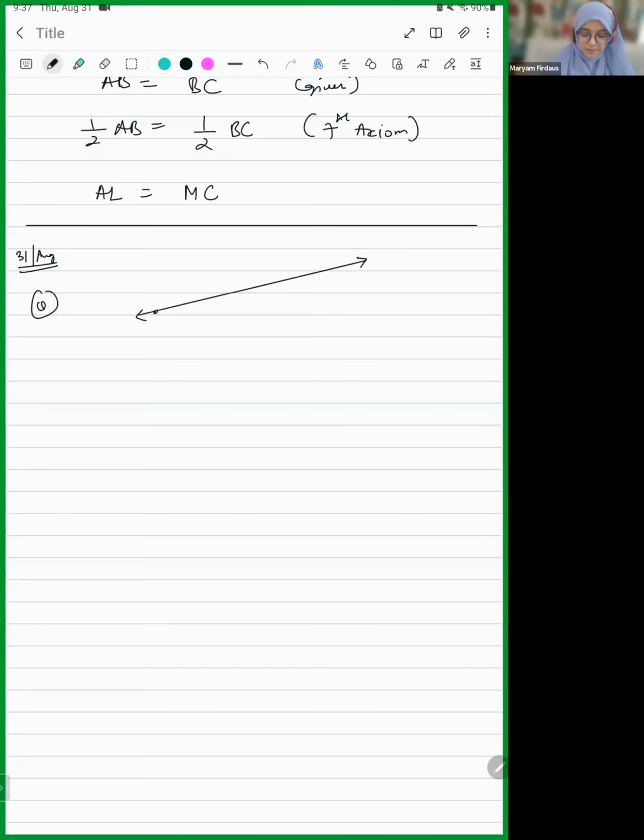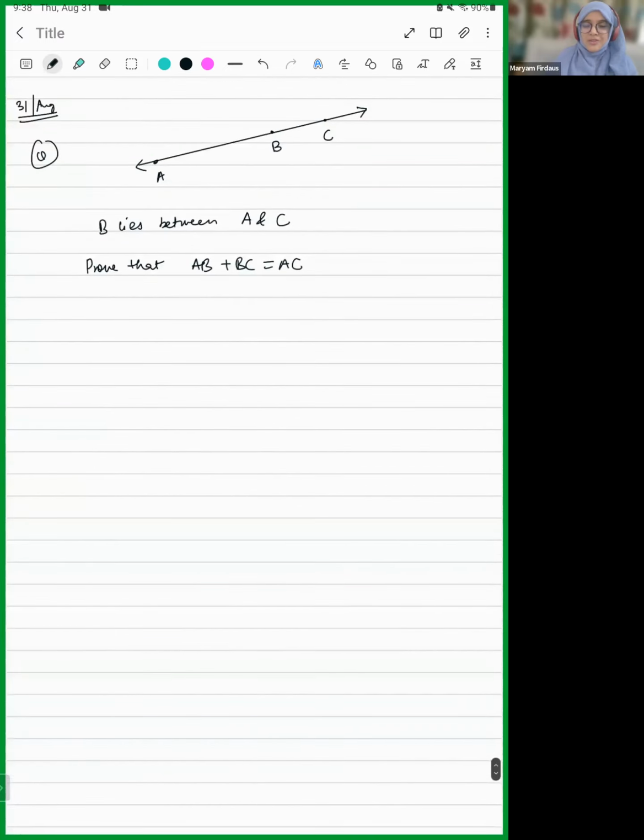This is point A. This is point B. This is point C. The question says that A, B, and C are 3 points on a line, and B lies between A and C. Then prove that AB plus BC gives you AC. This is something we have been using a lot in our triangles chapter, right? So this question is asking us to prove it through Euclid's theorems and Euclid's axioms and postulates.